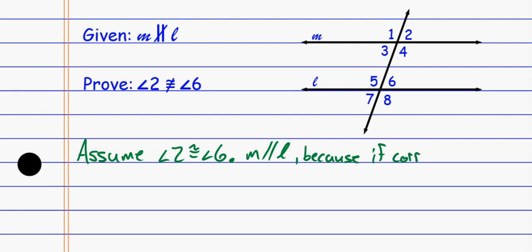If corresponding angles are congruent, then the lines have to be parallel. So right away, I assumed that those were congruent. Congruent corresponding angles means the lines are parallel. Well, that directly contradicts my given. So now I would say, hey, that contradicts the given.